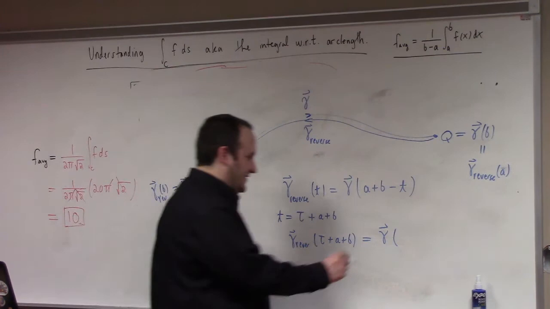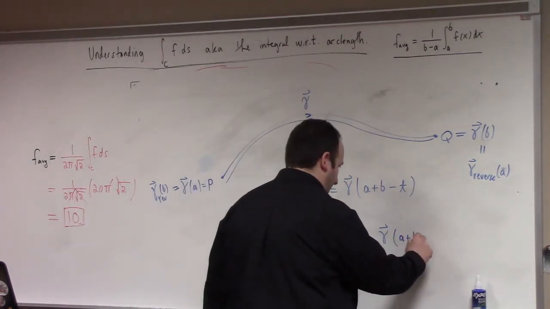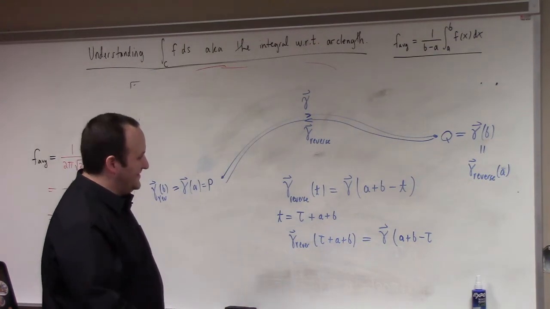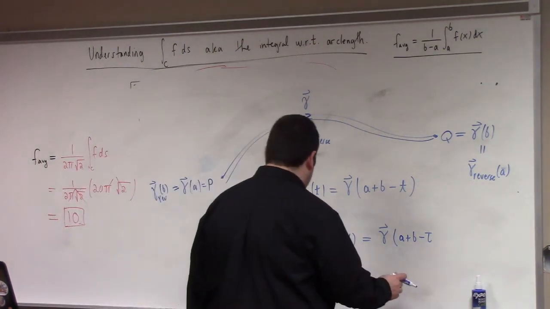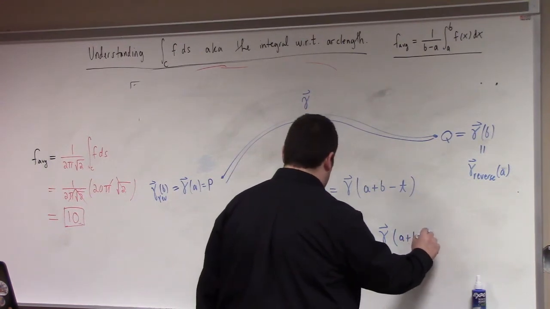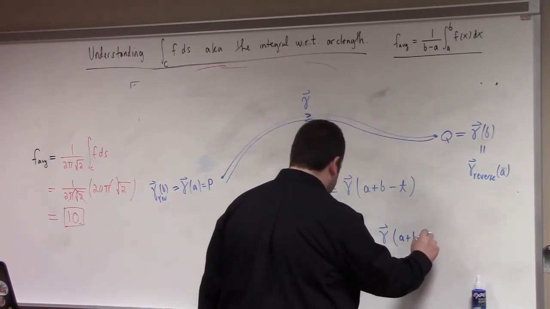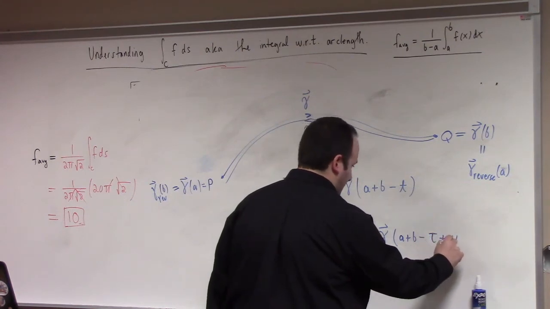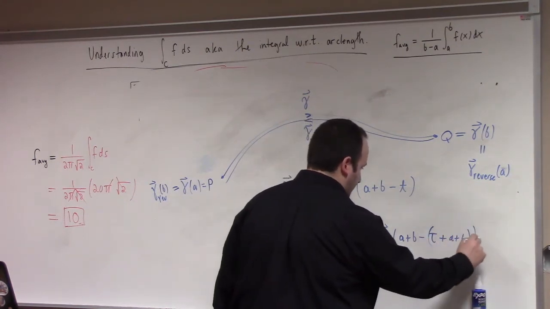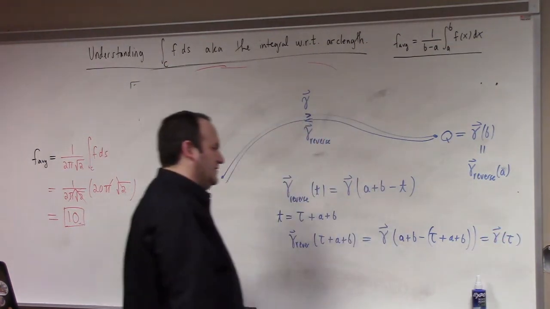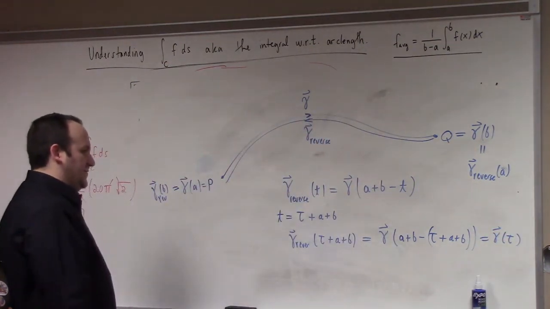A plus b minus tau, right? Well, excuse me. A plus b minus what? A plus b minus tau plus a plus b. In other words, just gamma of tau. So my point is, I still messed it up somehow.